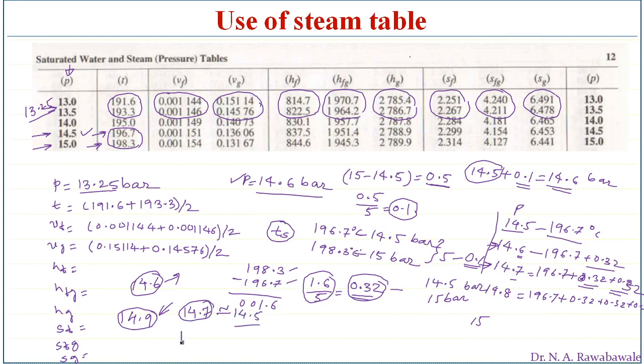If it is 14.8 or 14.9, then it is approximated to 15 bar and values at 15 bar are copied. So this is how interpolation is done. It is not that important to interpolate; only if we want accurate values exactly at the given pressure do we need to interpolate. Otherwise we need not interpolate the values of pressure to find the properties of steam.